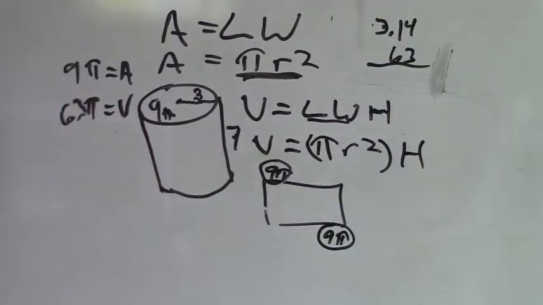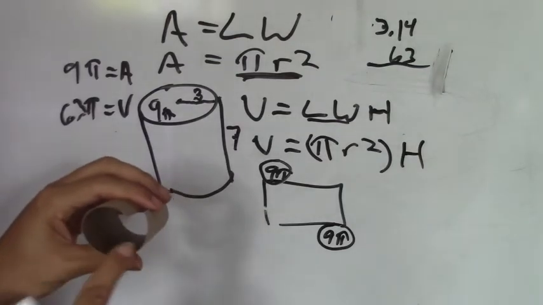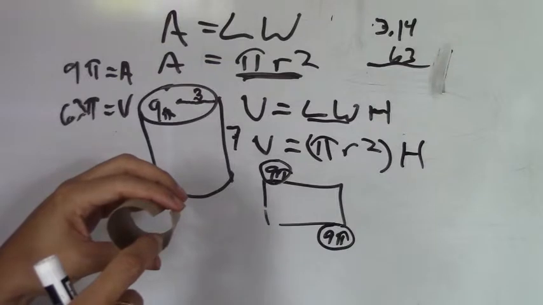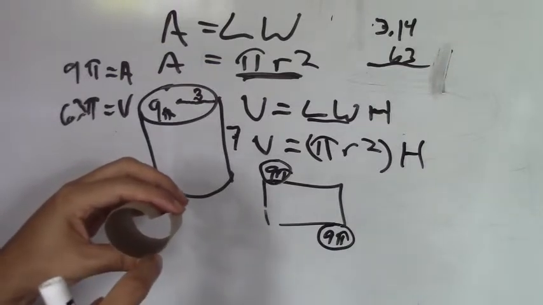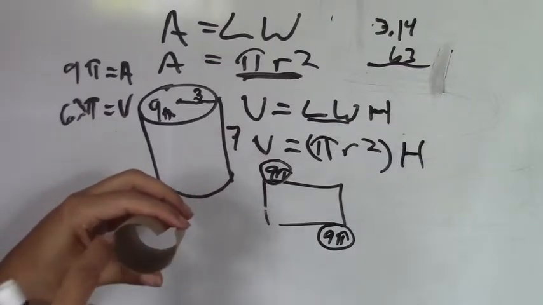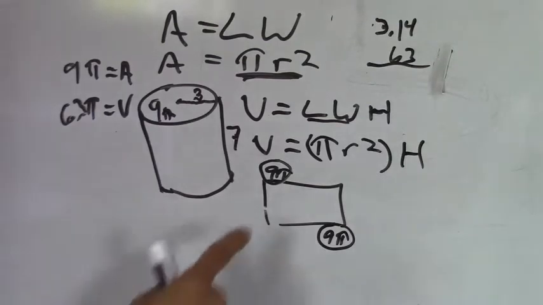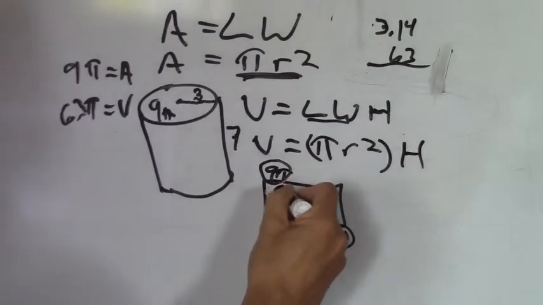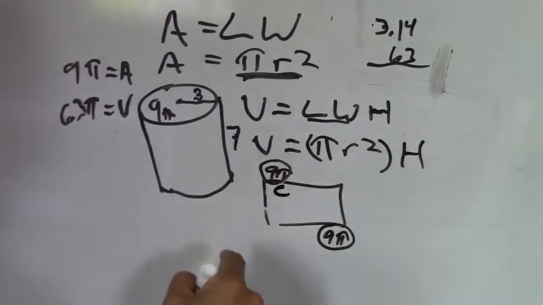That's 9 pi. Oh, wait a minute, that was the area. 3. Oh, that was the radius. What do I call this thing going around? What's it called? Circumference. The circumference. And what's my circumference the same as?